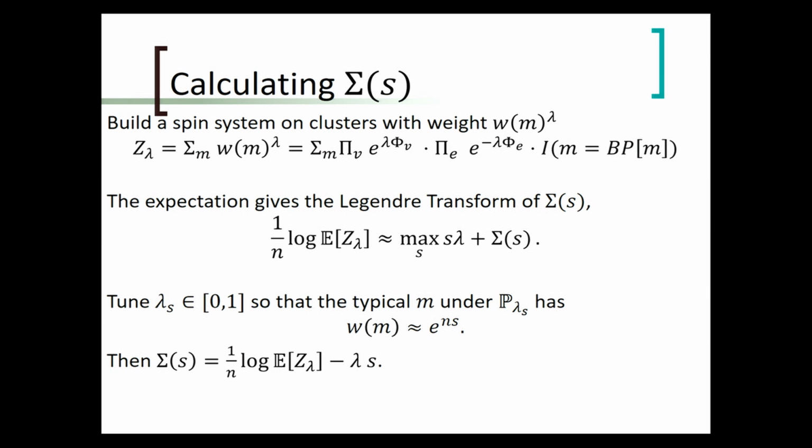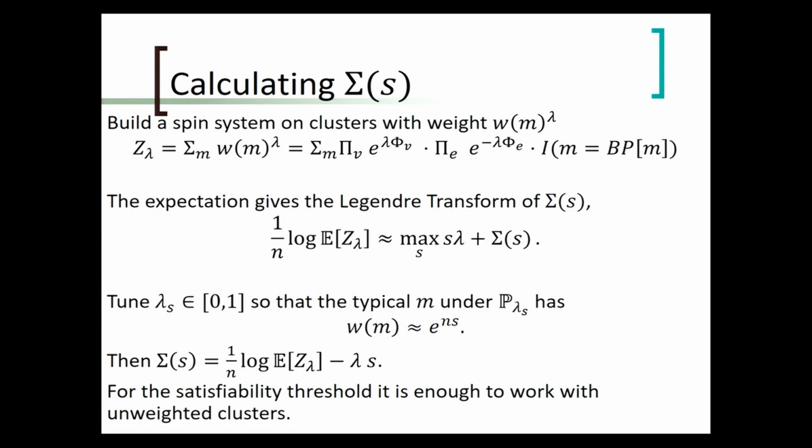This full program of understanding everything throughout the condensation regime has only been done for one particular model, the regular NAE-SAT model. But if you're just interested in the satisfiability threshold, then things are much simpler.